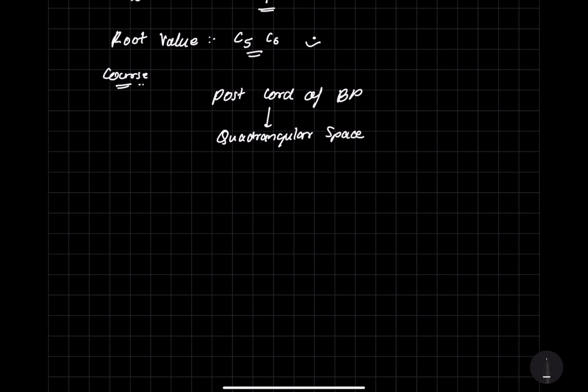In the quadrangular space, along with the axillary nerve, there lies another content, the posterior circumflex humeral artery. So it goes into the quadrangular space with the posterior circumflex humeral artery.